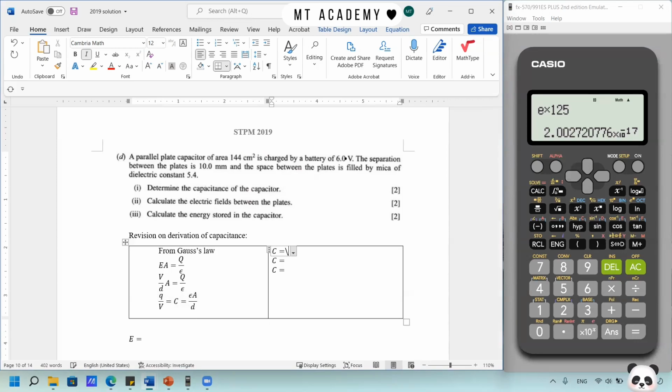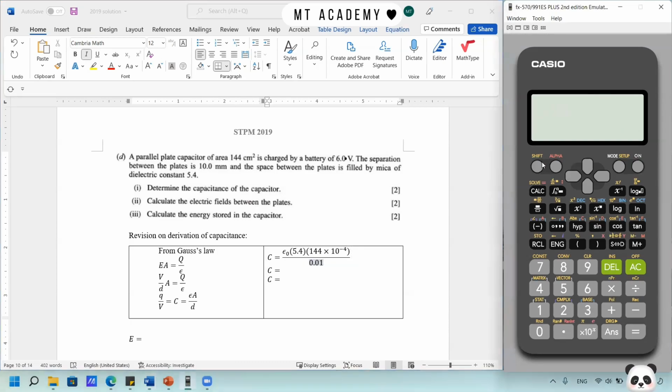We have epsilon naught multiplied by the dielectric constant 5.4, multiplied by the area 144 changed to meter squared, that is 10 to the power of -4, divided by the distance, which is 10 millimeter or 0.01 meter.